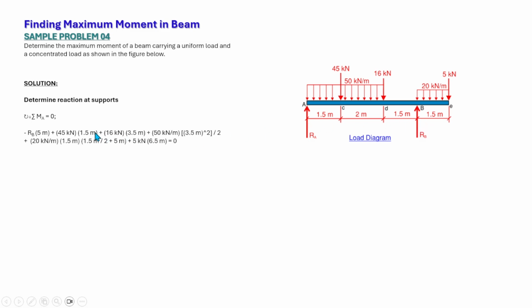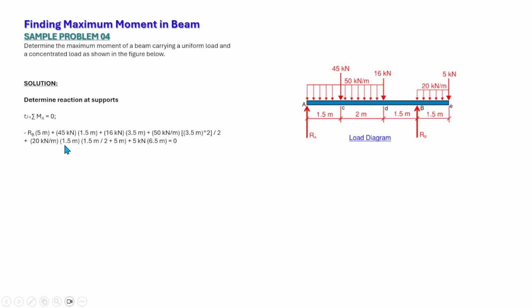is equal to 5. Plus 45 times 1.5, that is the clockwise moment due to this load, plus 16 times 3.5 due to this load, 3.5 from here to there, plus 50 kilonewtons per meter times 3.5 squared over 2. That is the 50 kilonewtons per meter from here to there.